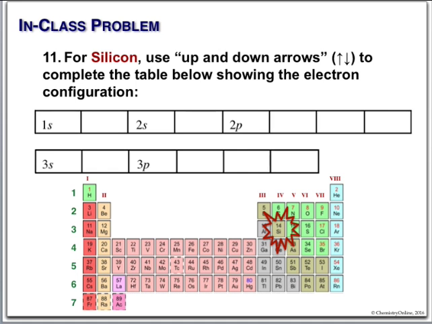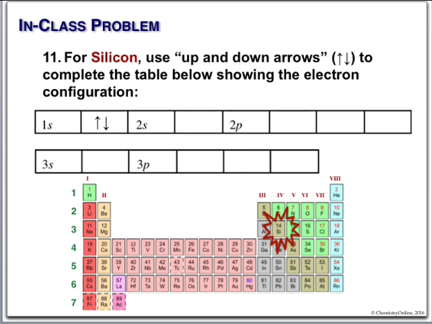So our first period can hold 2 electrons. This is going to be 1 up, 1 down, and it will look like that. The first period is full. Second period, we're going to put 2 electrons here in the S block.